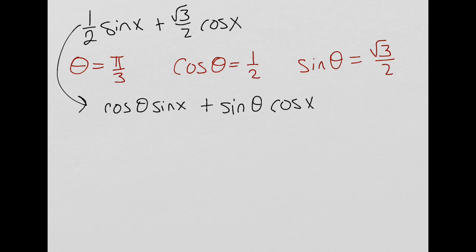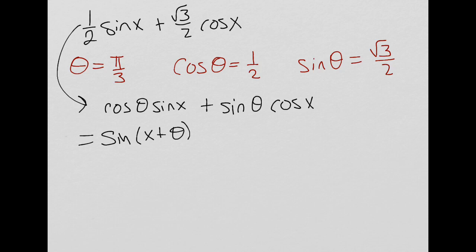Now they're in a different order from what we were used to, but I should be able to rewrite this using my identity. So going in the other direction, this is going to be sine of x plus theta. It worked because this 1/2 and root 3 over 2 were values that I knew what angle would spit out those values when I applied trig functions to it. So that was a convenient happenstance in this case.